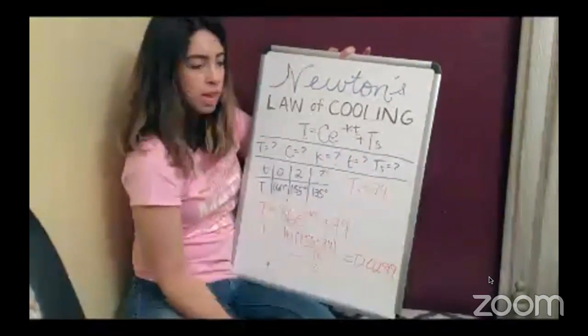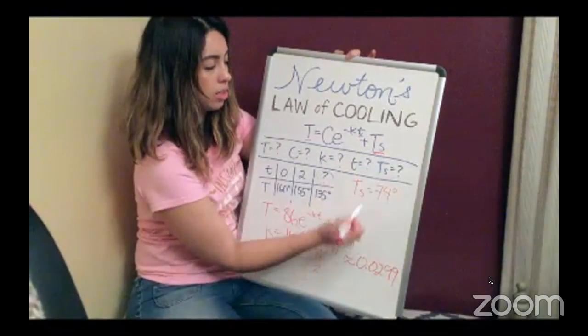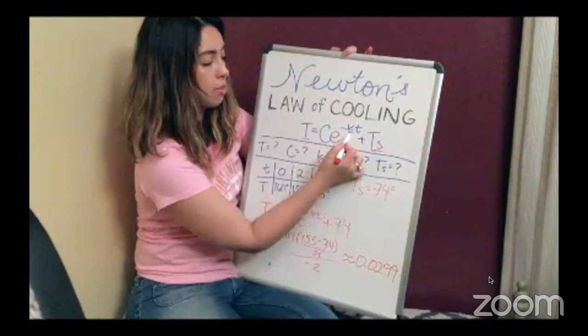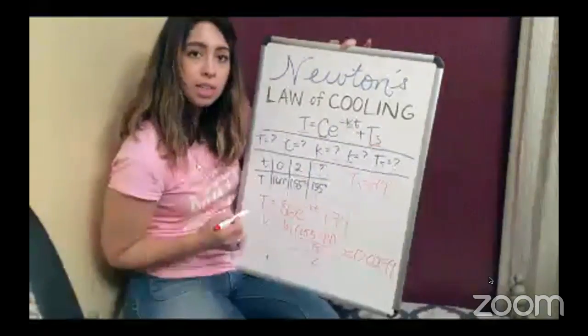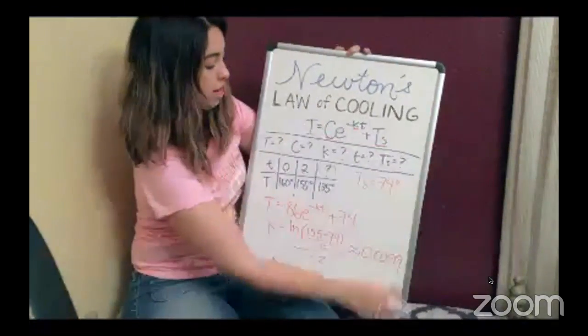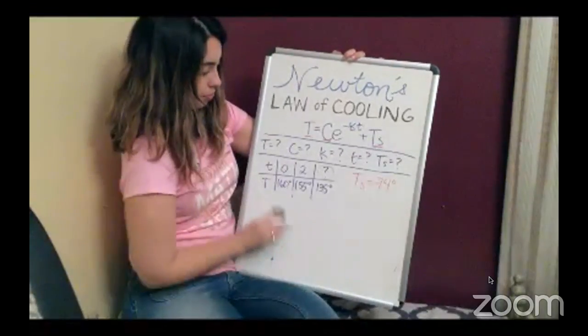So as of now, we have T of S, which is 74 degrees. We have figured out what k is, and we have also figured out what our c is. So let's write out what our equation now looks like.